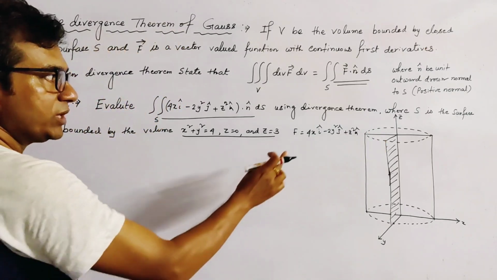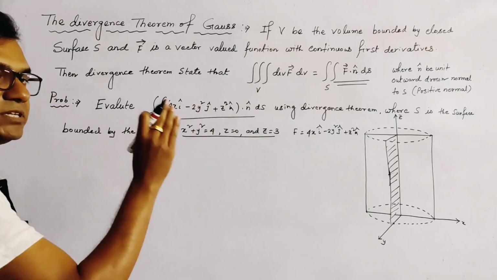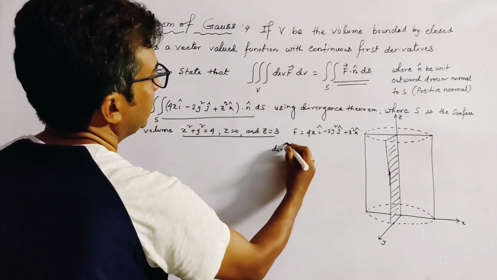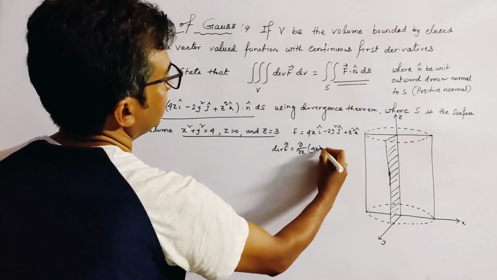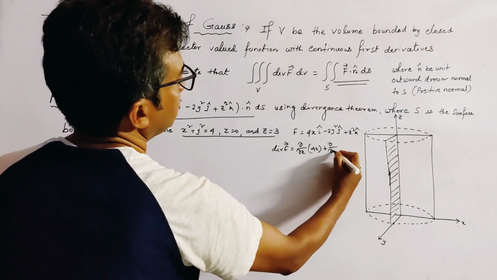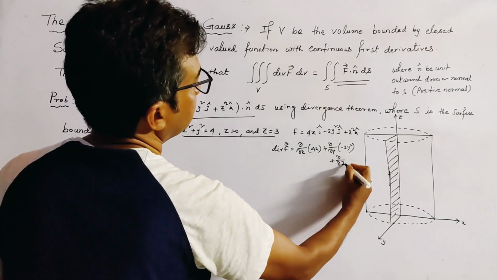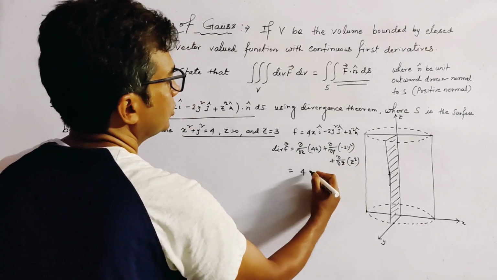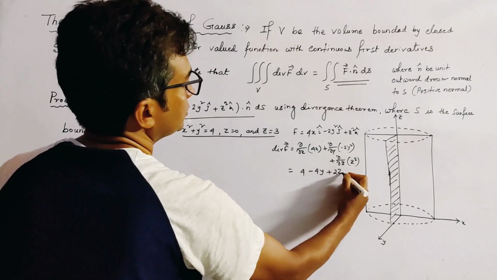Okay, now if we use the divergence theorem, then we have to find the divergence of F first. So div F is equal to ∂/∂x of 4x plus ∂/∂y of minus 2y² plus ∂/∂z of z², and this is 4 minus 4y plus 2z.